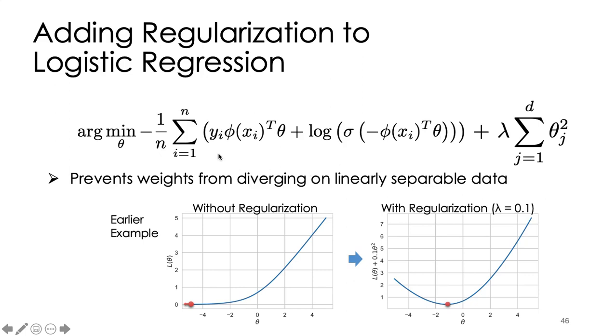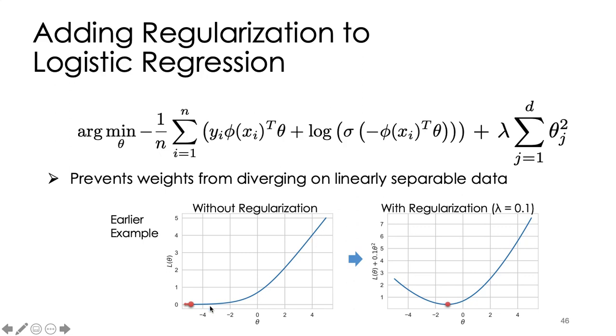If the points are such that these thetas start heading off to minus infinity or to plus infinity, then theta squared is going to be very big. And so any small positive number here times this sum is going to cause your loss to get very large. And so this helps, like all regularization, to keep your loss in check. And it prevents your weights from going off to infinity.